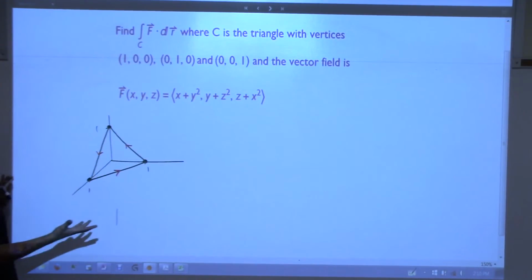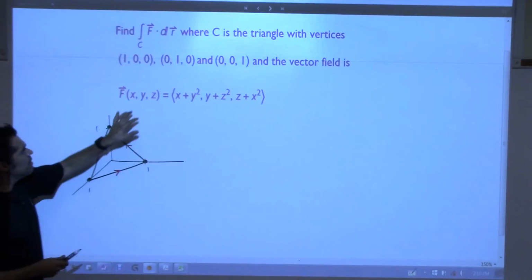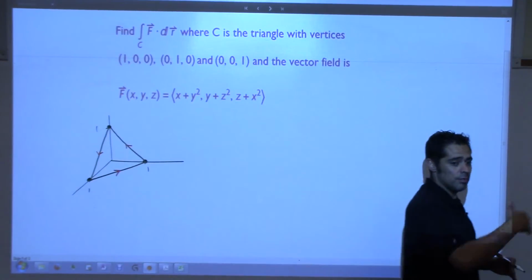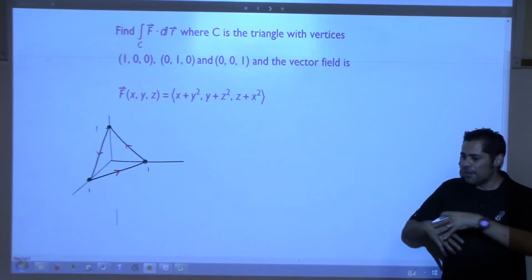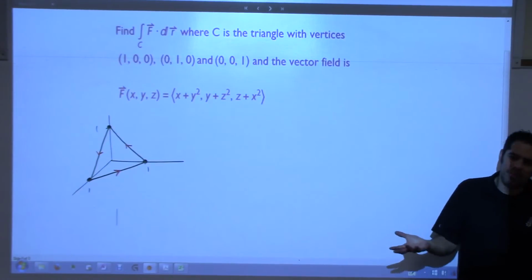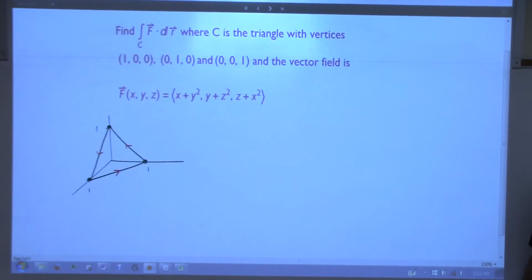It's not impossible to do, it's just tedious. Then you'd have to evaluate your vector field on each of the curves, and dot those with the derivatives of the curves. It could be done. Let's see if Stokes' theorem is any easier.